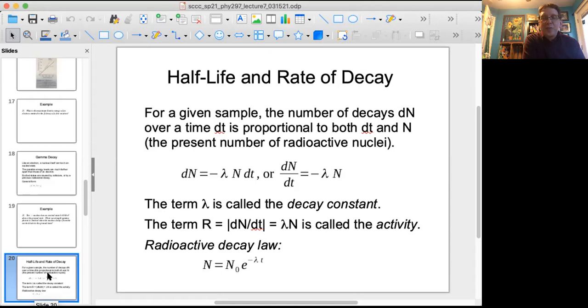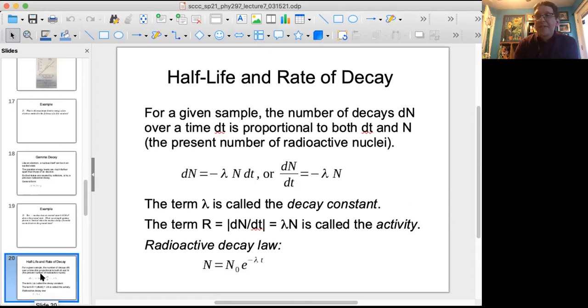And so you have the radioactive decay law. You just integrate. And so the total number of radioactive nuclei is equal to N naught, which is the number of radioactive nuclei you have at t equals 0, times e to the negative lambda t. And so that's the basic equation. So the rate of decay for any radioactive substance is exponentially decreasing.